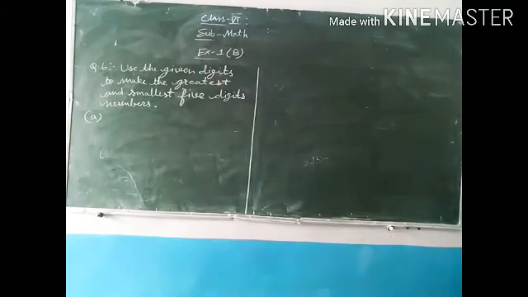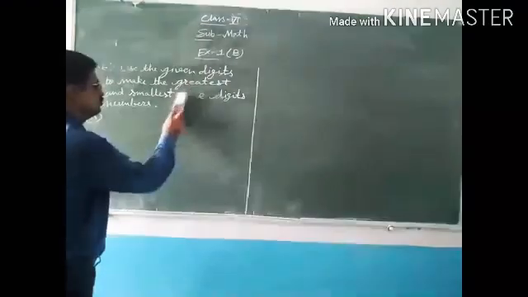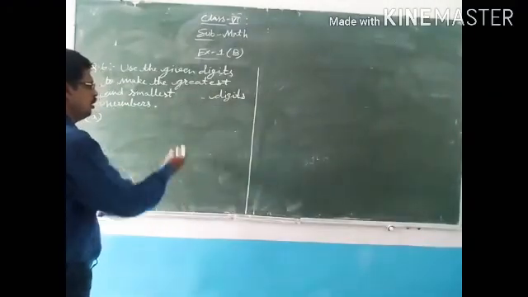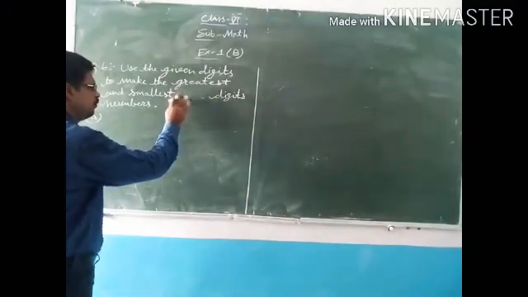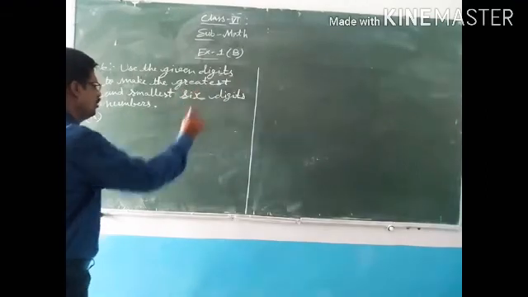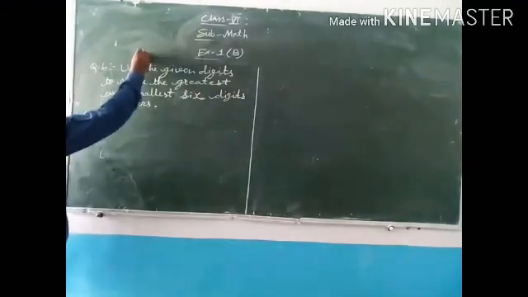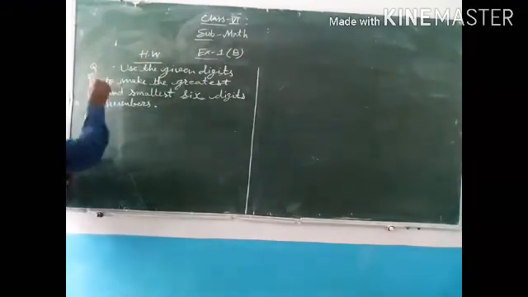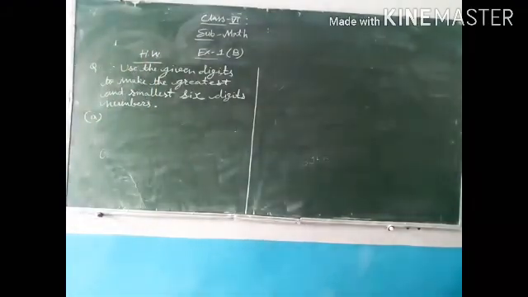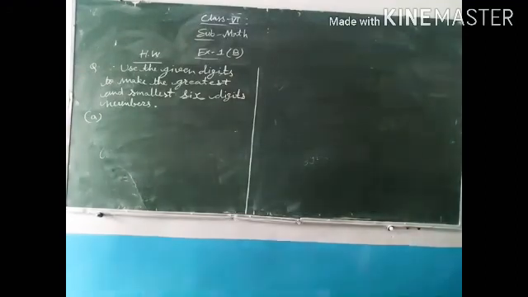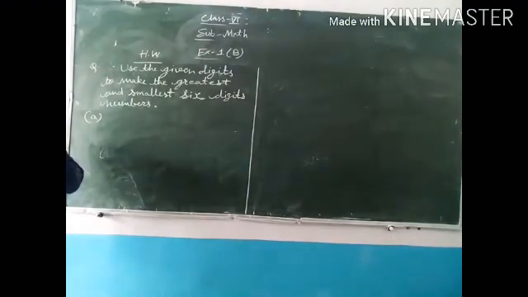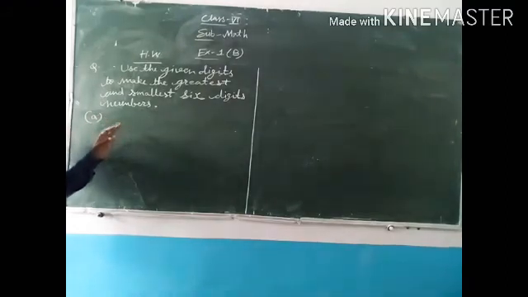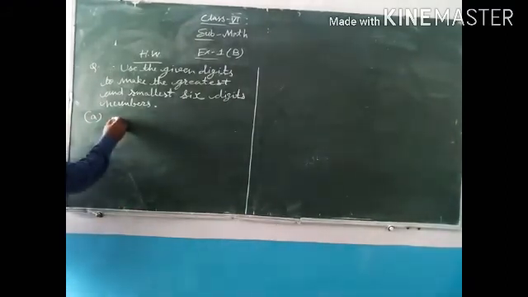So question would be, use the given digits to make the greatest and smallest 6-digit numbers. Okay. By using these digits, you have to make the greatest and smallest 6-digit number.